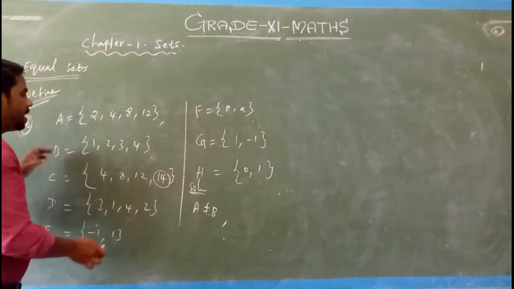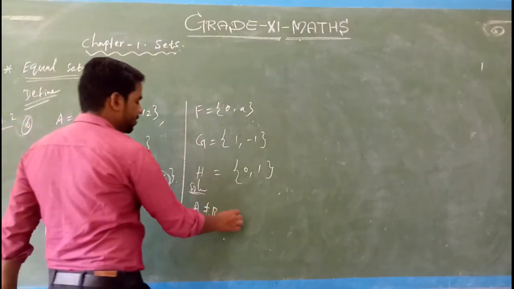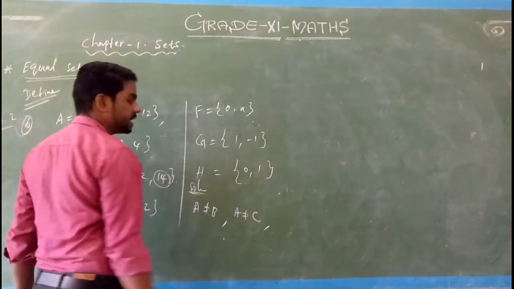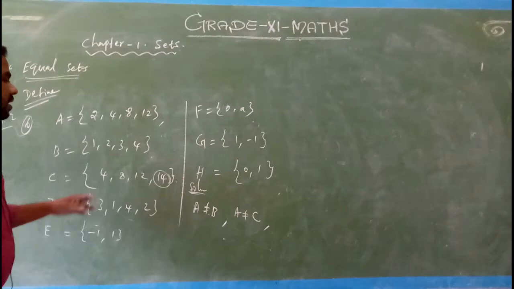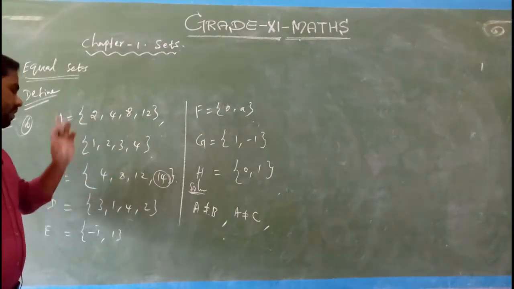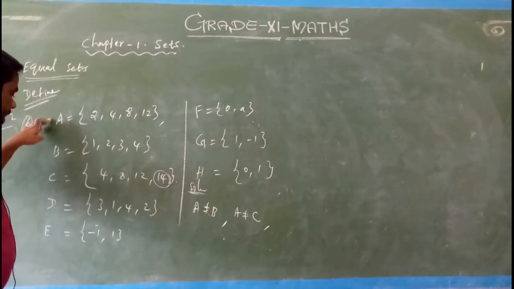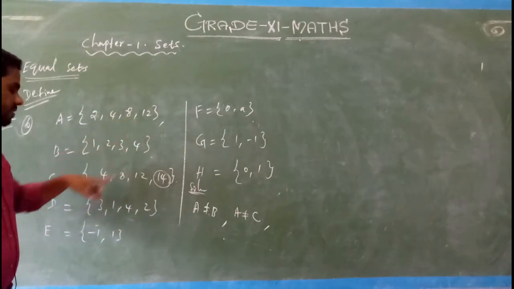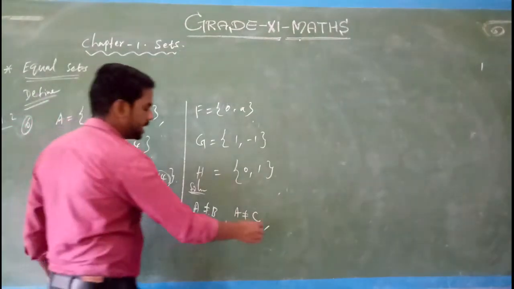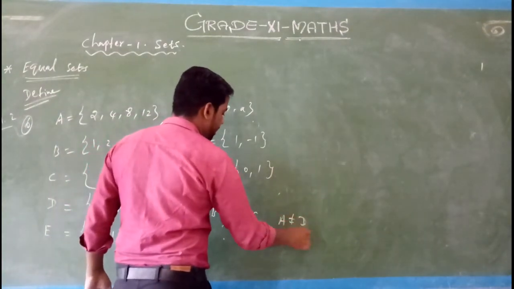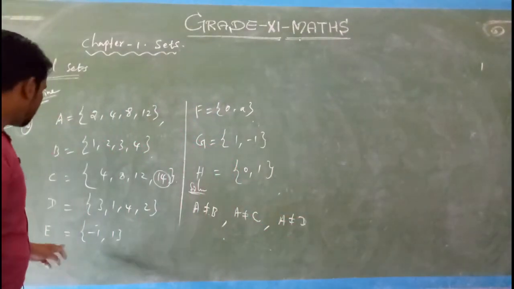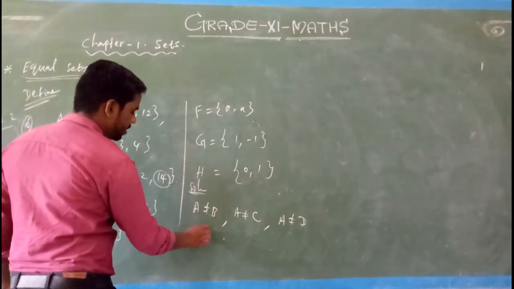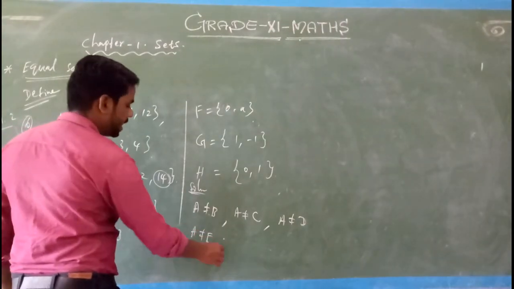Here 14 does not belong to A. So A is not equal to C. And A is not equal to D. Here D has 3, 1, 4, 2, but A has 2, 4, 8, 12. 12 does not belong to D. So A is not equal to D. And similarly, A is not equal to E, and A is not equal to F.